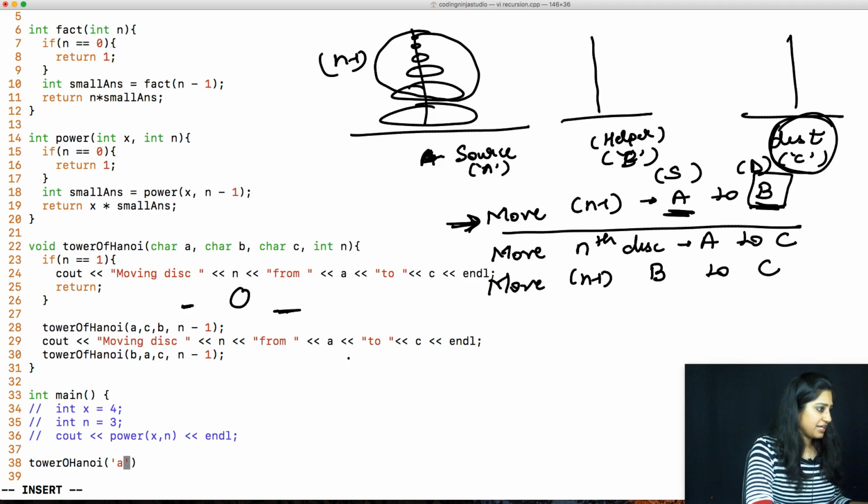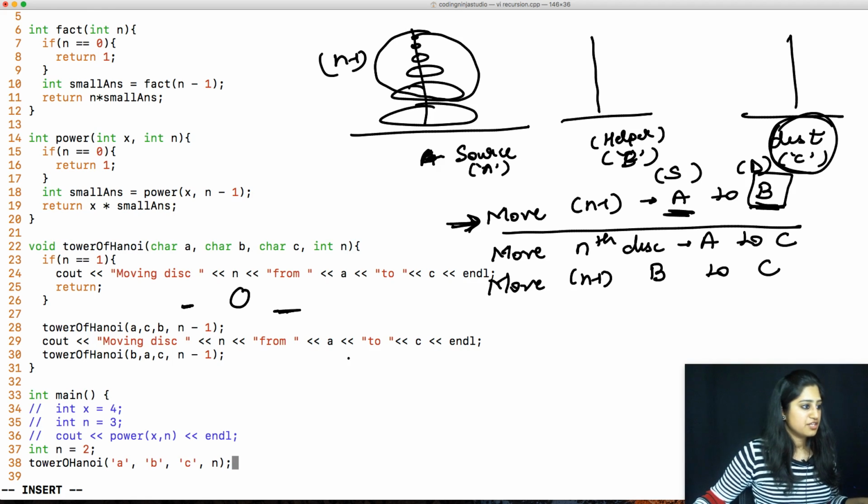So first is character A, next is character B, next is character C, and let's run it for n equal to 2 for now.